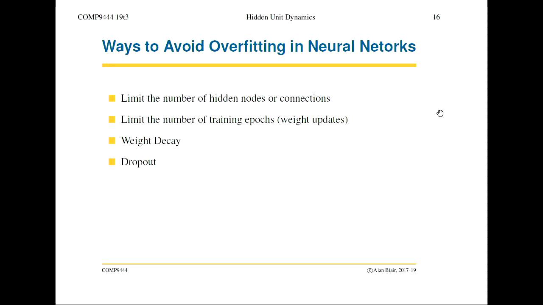So the final section before the break is about avoiding overfitting in neural nets. We talked about that whole thing with supervised learning and Occam's razor and overfitting. How do we avoid overfitting in neural networks? Well, one way is to limit the number of hidden nodes or the number of connections.